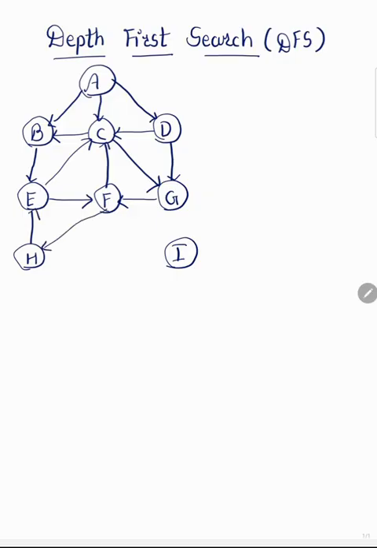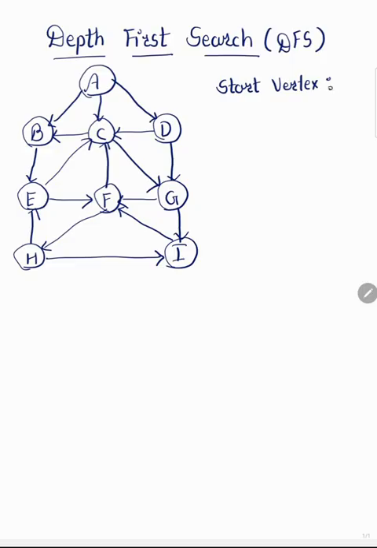I also told you that you need to start from one vertex. That would be your starting vertex. In an examination, if it is given, then you can simply start with that vertex. If not, then you can choose by yourself, and you just need to mention what your start vertex is.